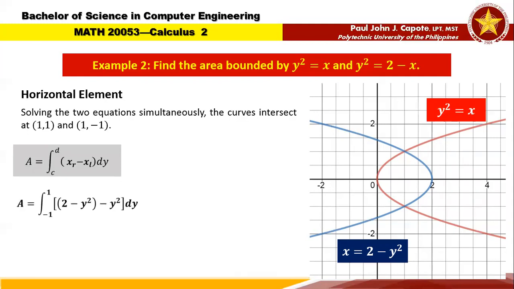Therefore, the area is equal to the definite integral of 2 minus y squared, which is the value of our x sub r, minus y squared, which is the value of our x sub l, dy, and we are to evaluate this from y equals -1 to +1.